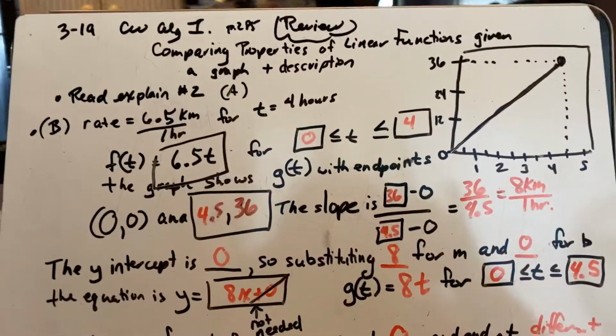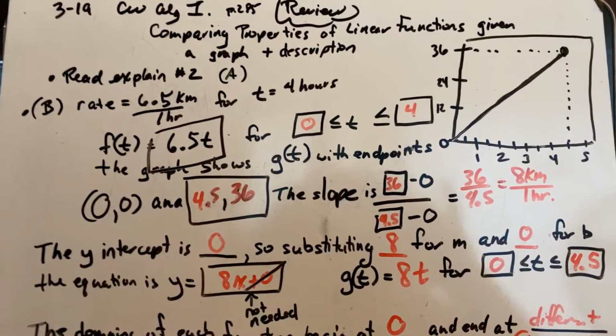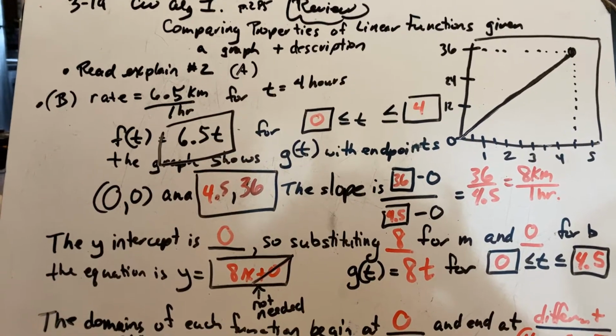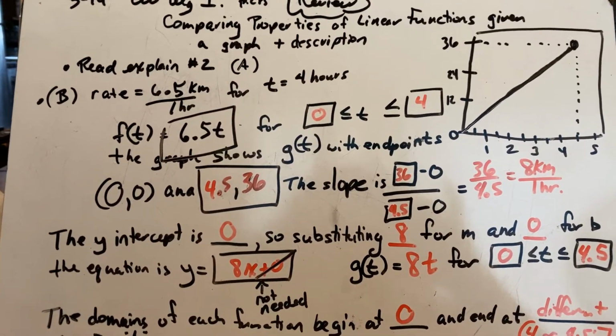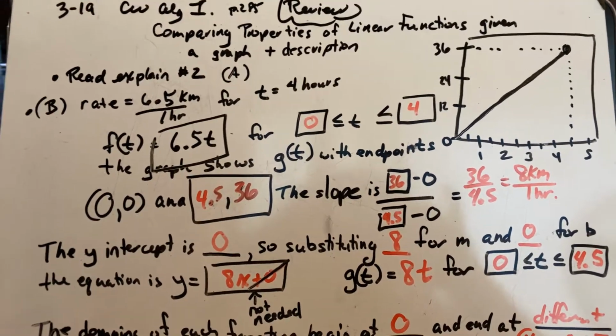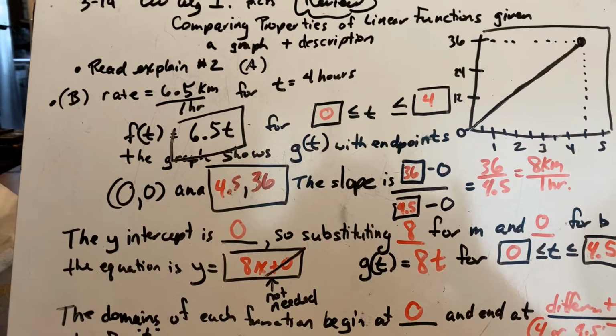So read that first. And then when you go to B, B says, one group of hikers hiked at a steady rate of 6.5 kilometers per hour for 4 hours. The function f of t represents the distance this group of hikers hiked in t hours.